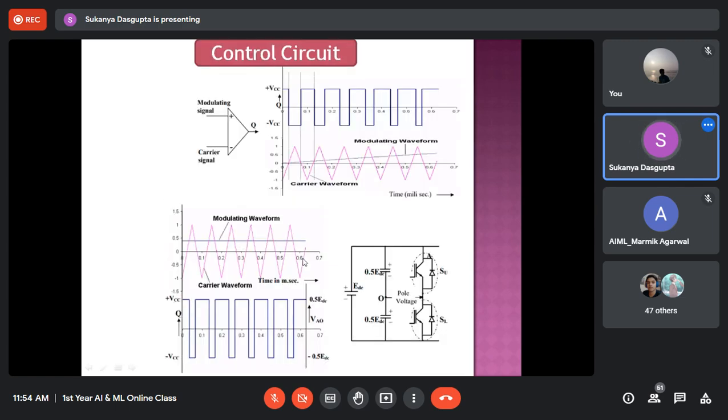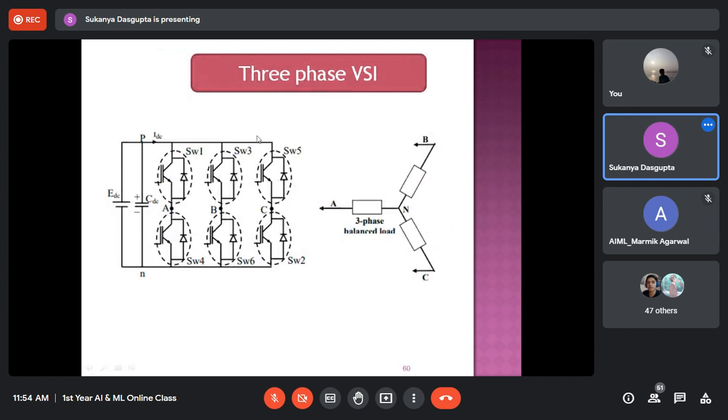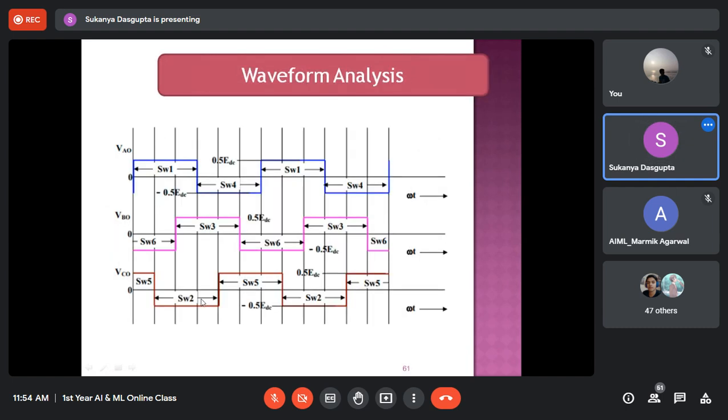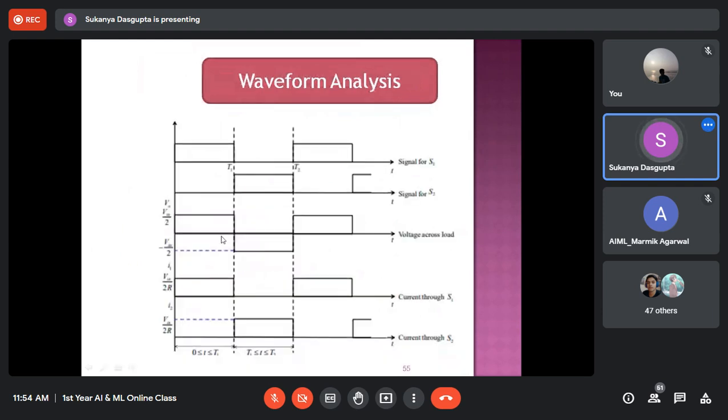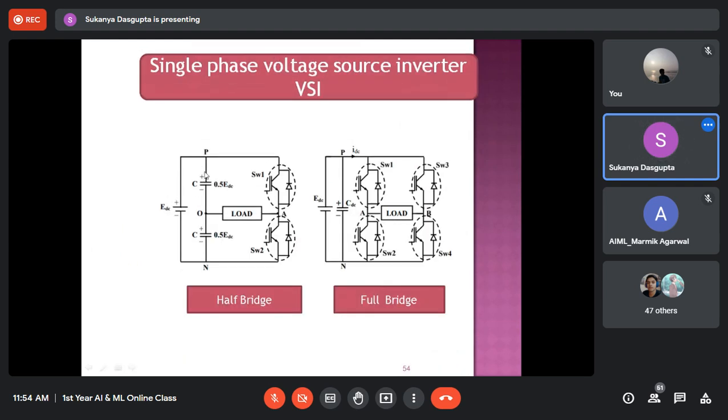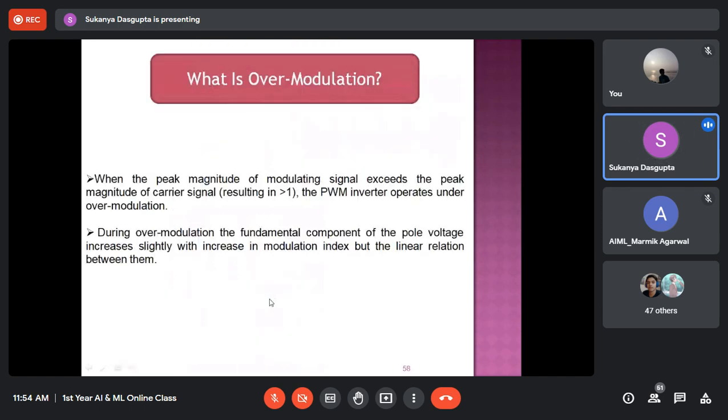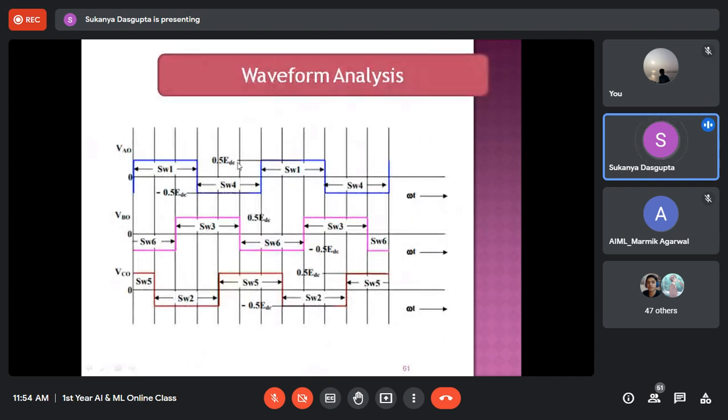So in the three-phase topology, the half-bridge configuration is there. That means the magnitude of the voltages is just half of the input DC voltage, as we already obtained from the half-bridge configuration. Across each switch, only half of the DC input voltage will be impressed, so here also we get 0.5 VDC as the peak voltage.